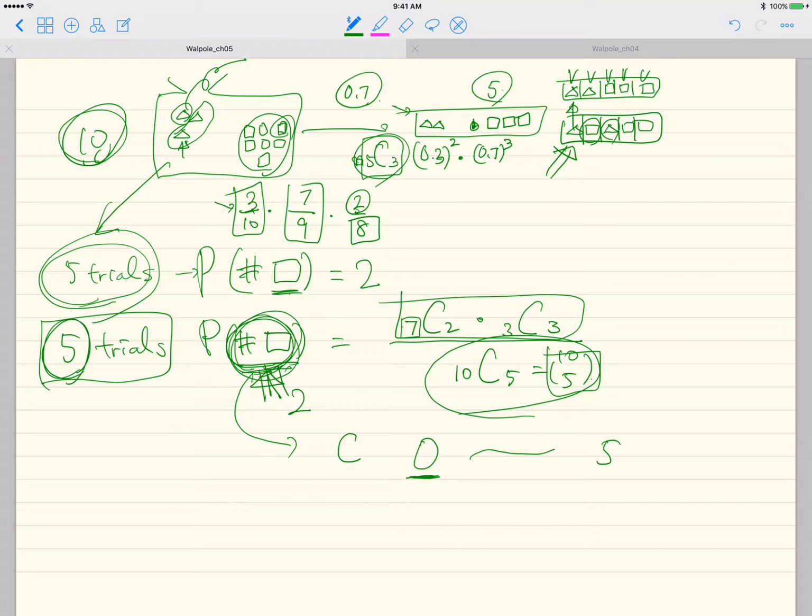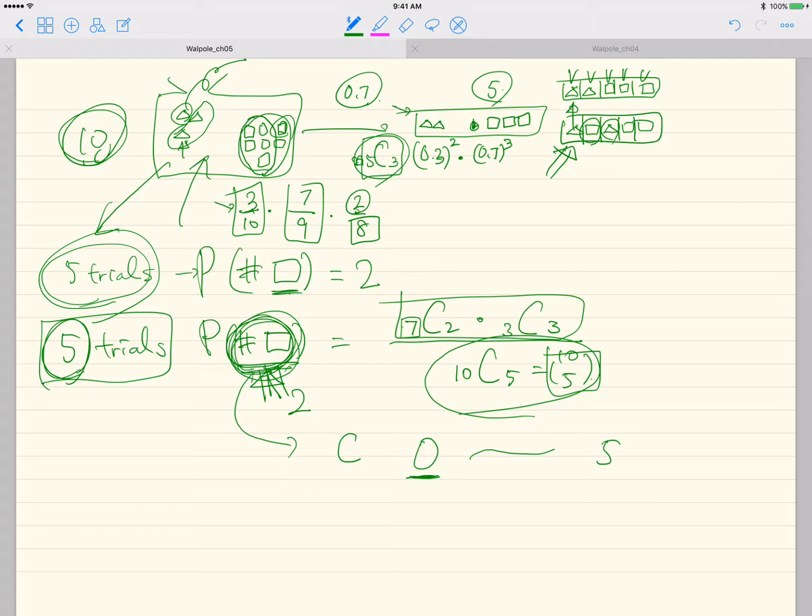Can we observe the count of rectangles as 0 out of 5 samples that we pick up from this basket? Yeah, it is possible, right? We can pick up these 5.